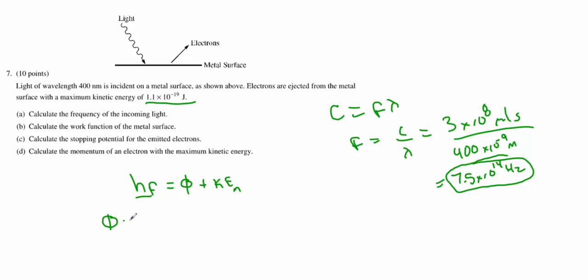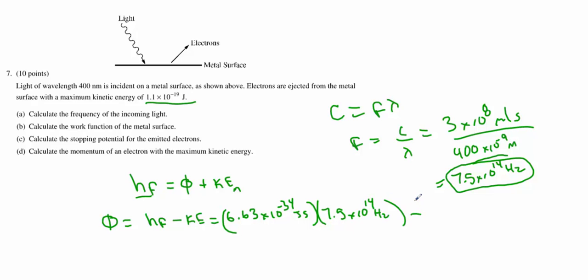So my work function is going to be my incident energy minus the kinetic energy. This is in joules, so I'm going to use the version of Planck's constant that's in joules. So that's 6.63 times 10 to the negative 34 joule seconds, times the frequency I just calculated, 7.5 by 10 to the 14 hertz.